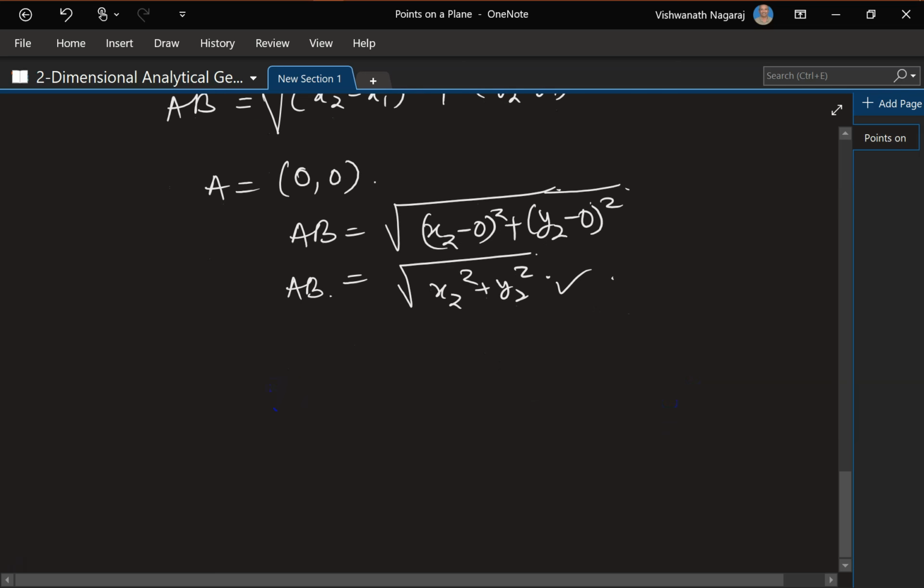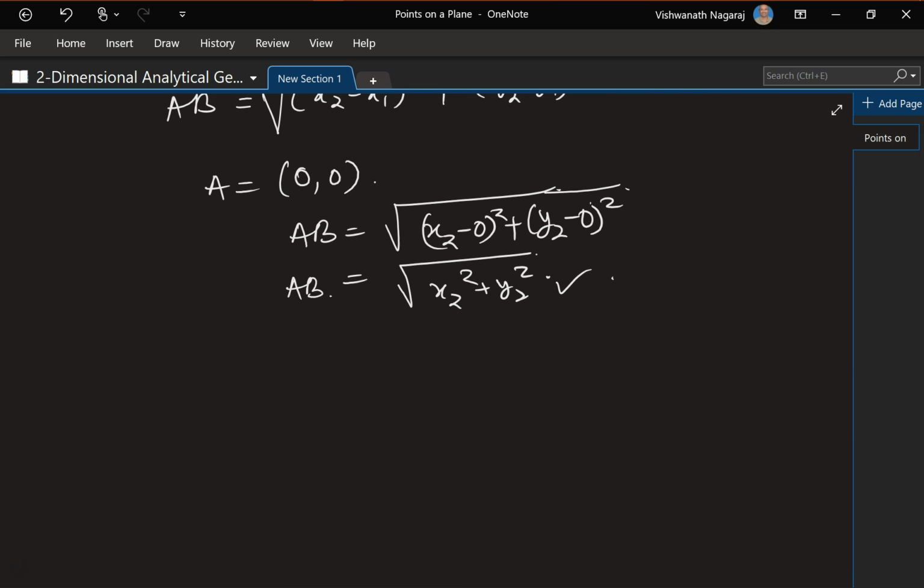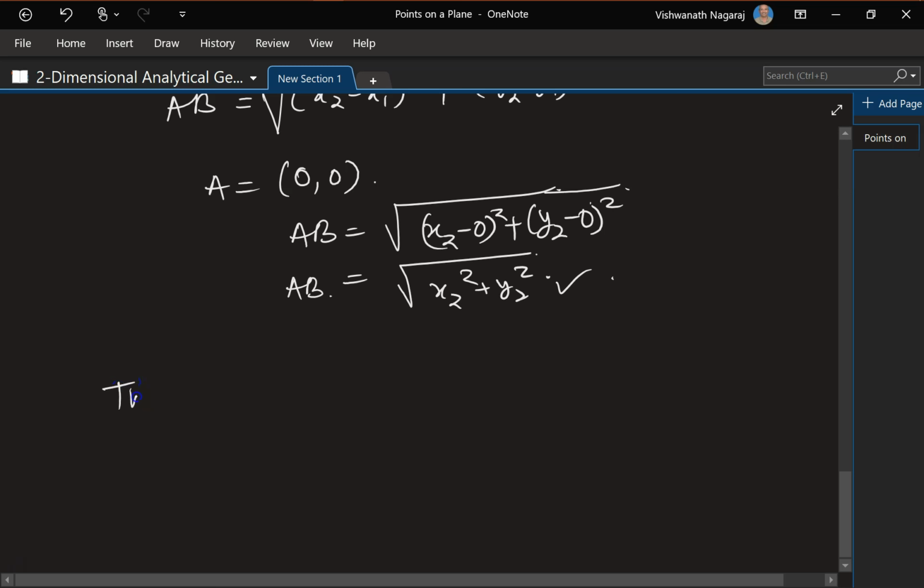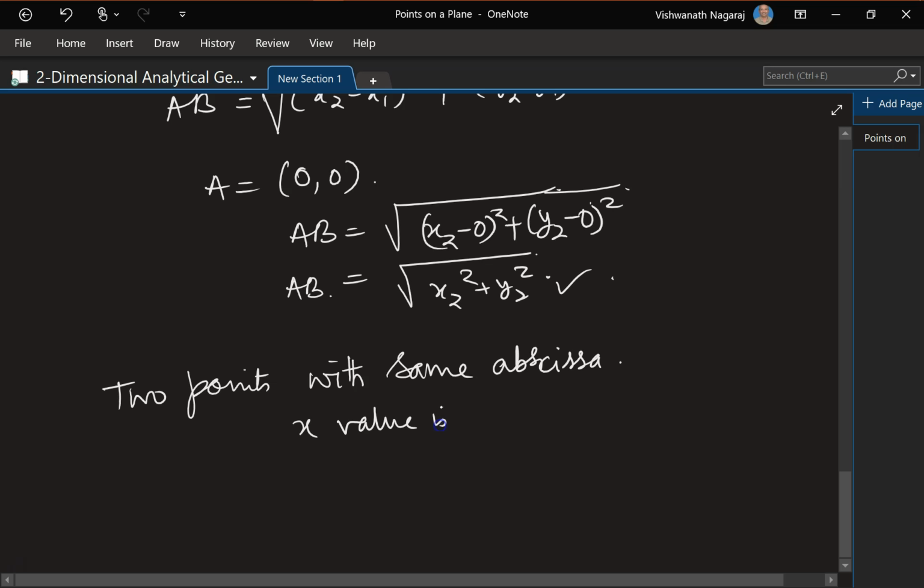Now, this is one case. Let's say there are 2 points with the same abscissa, that means the x value is the same. Here, let's say A is x comma y1 and B is x comma y2.